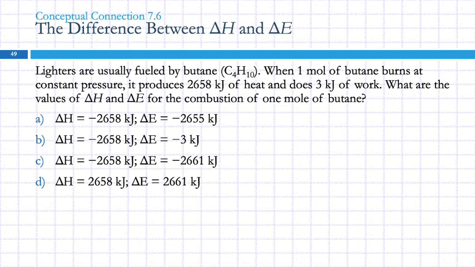So we're producing heat. So Q is negative 2658 kilojoules. And it's doing work. Is that negative or positive? That's negative.